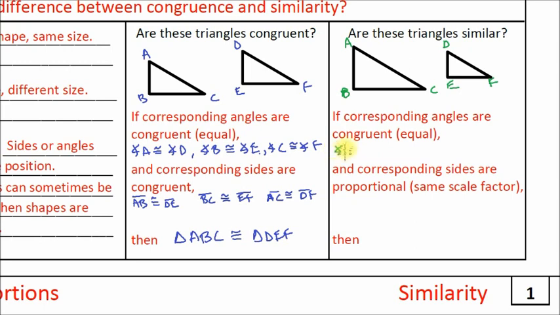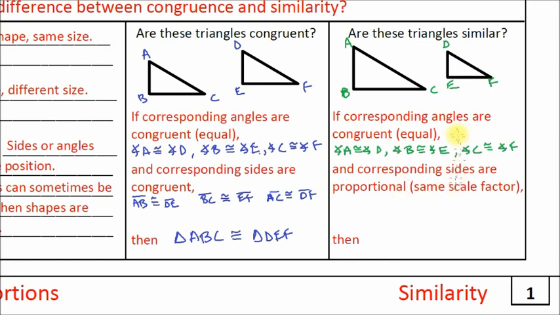So again, we've got angle A is congruent to angle D, angle B is congruent to angle E, and angle C is congruent to angle F. If all three of those corresponding angles are congruent, and here's the twist, and the corresponding sides are proportional.